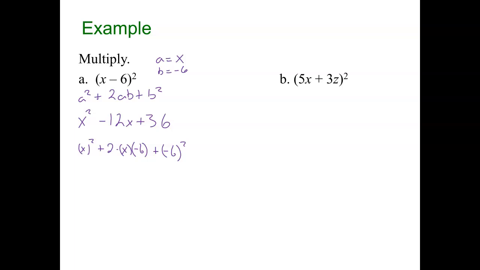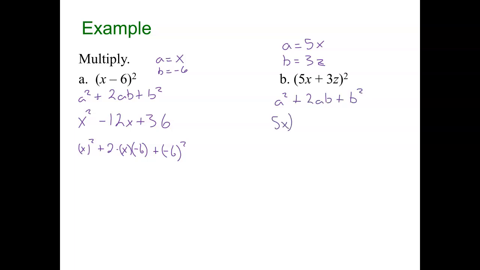I can do the same thing on b. What's the value for a, for example, b? 5x. What's the value of b? 3z. Okay? So again, I have a squared plus 2ab plus b squared.